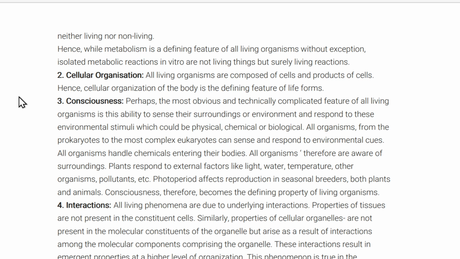All organisms handle chemicals entering their bodies. All organisms therefore are aware of their surroundings. Plants respond to external factors like light, water, temperature, other organisms, pollutants, etc. Photoperiod affects reproduction in seasonal breeders, both plants and animals. Consciousness therefore becomes the defining property of living organisms.